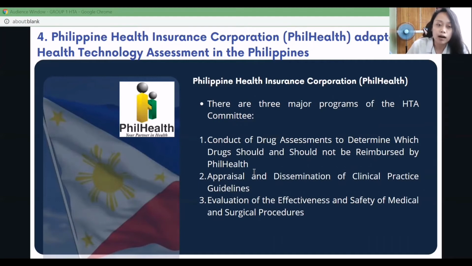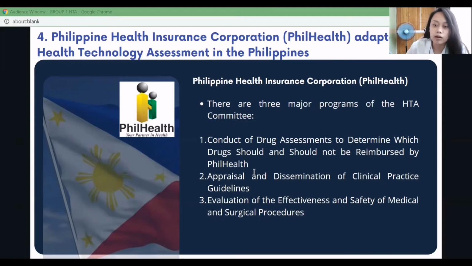Next is the appraisal and dissemination of clinical practice guidelines, or the CPGs. Specific recommendations on disease assessment, laboratory tests, drug treatments, and admission policies are extracted from the screened CPGs and assessed for their applicability to local settings.